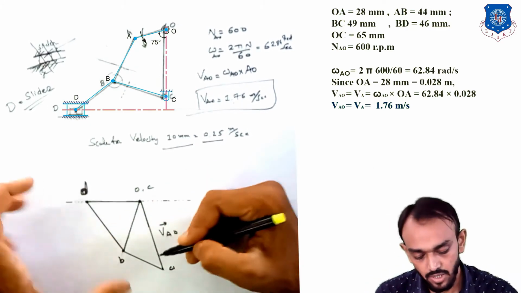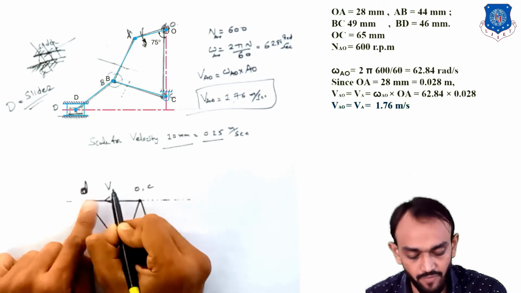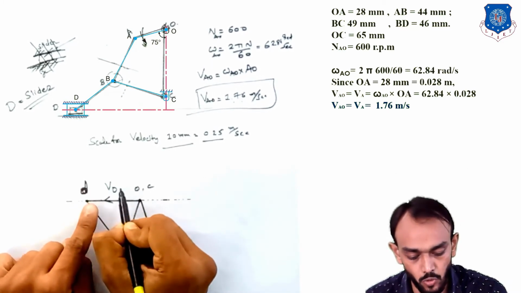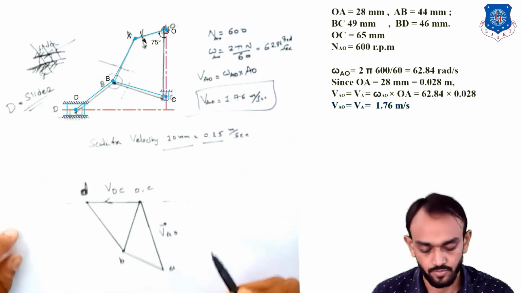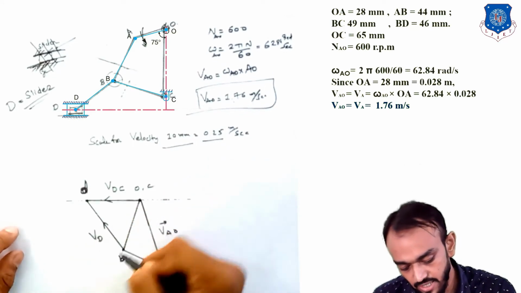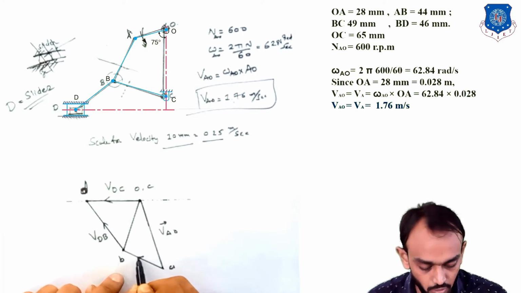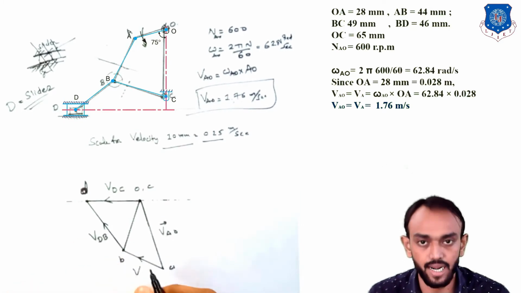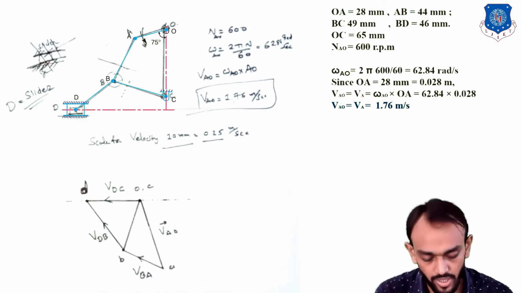And you can see here, this line is the velocity of D with respect to C or O. This line is indicating the velocity of D with respect to B. This BA line, if I draw it in this direction, I will write here the velocity of B with respect to A. Okay.